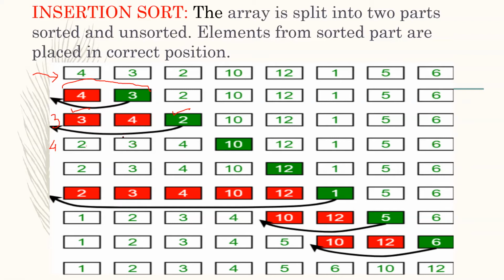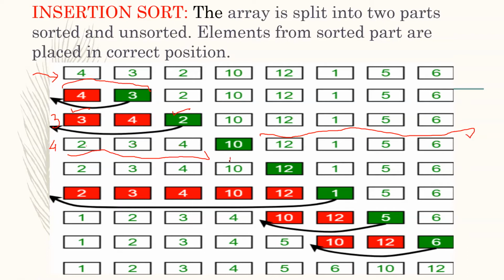As you can see, the first part is the sorted part, and this part is the unsorted part, as in the definition I spoke about. The next element is element 10.